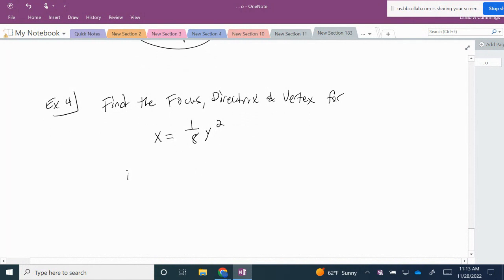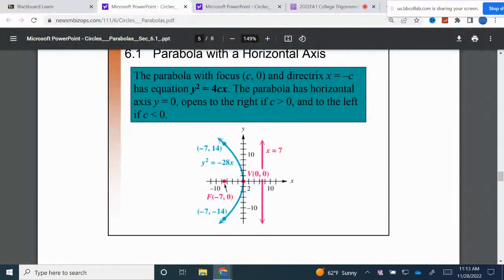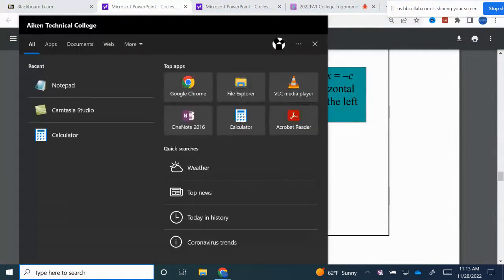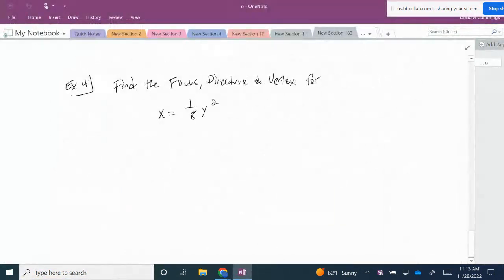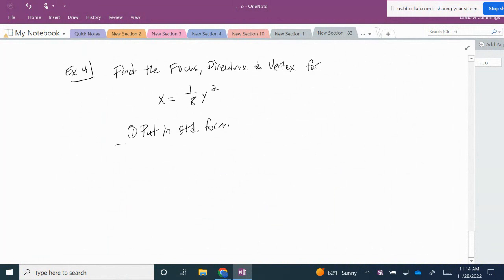So the first thing we're going to do is put it in standard form. Right, so we're going to isolate for y squared. So I'm simply going to multiply both sides by 8.